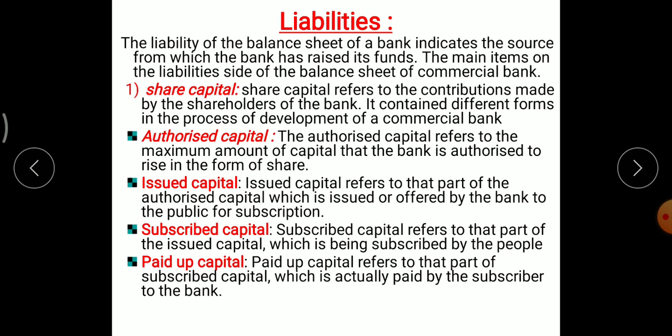Next, issued capital. Issued capital refers to the part of the authorized capital which is issued or offered by the bank to the public for subscription. So it is called an offer by the bank to the public.